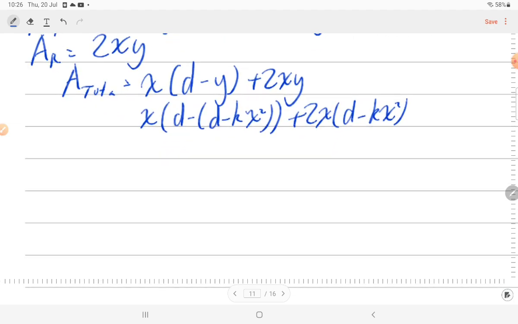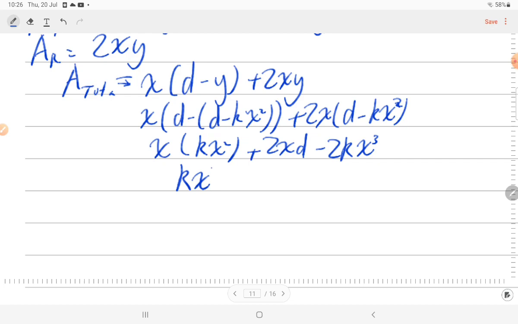So this equals, I should write equals better, d take away d is 0, negative kx squared is kx squared, plus 2xd take away 2kx cubed. This is kx cubed plus 2dx.